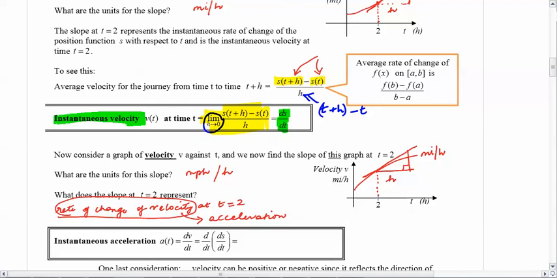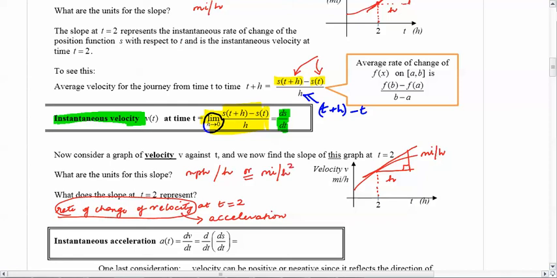And it will be, in this particular case, measured in miles per hour per hour. And because it is such a common expression, it does get rewritten in the form miles per hour per hour is written as miles per hour squared.